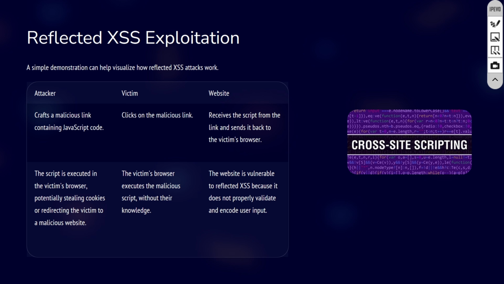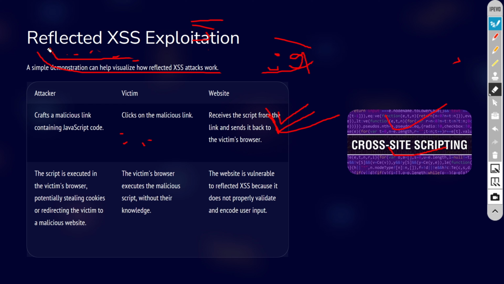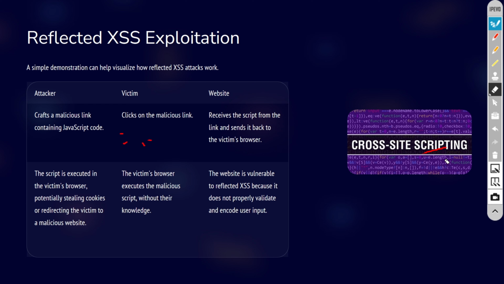Then I find that this search parameter has user input where reflected XSS resides. I will share that URL with the victim and make sure the user clicks on the URL I have sent.